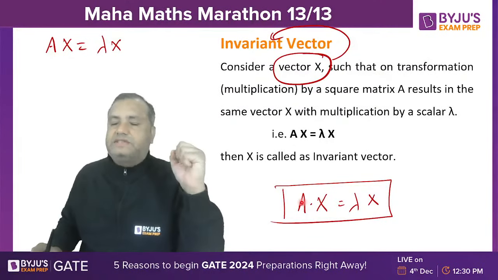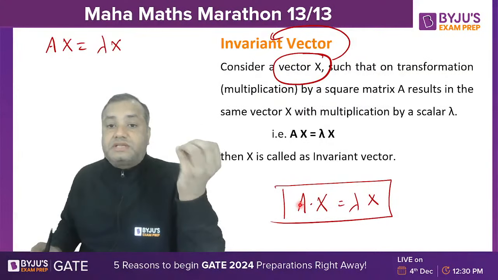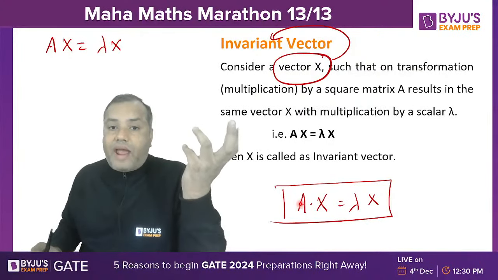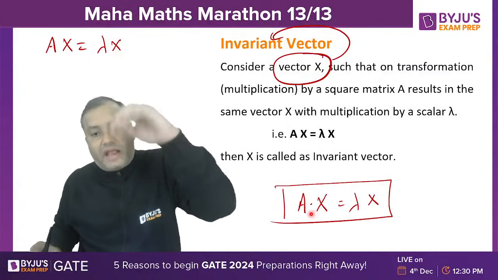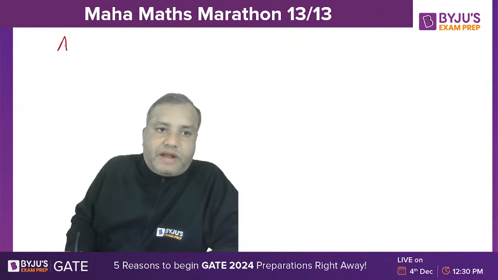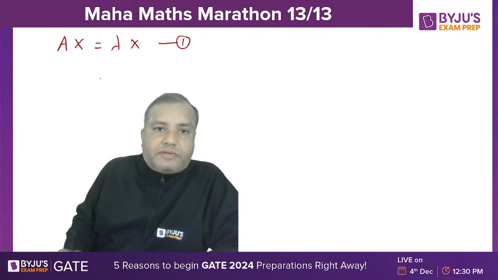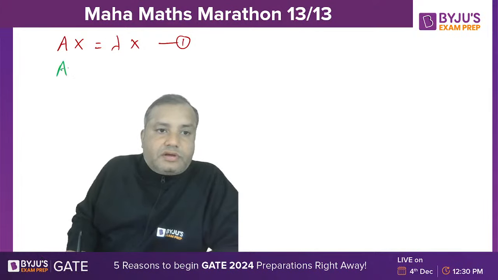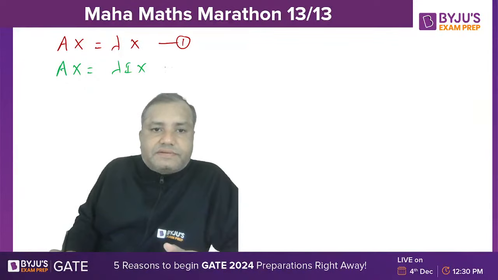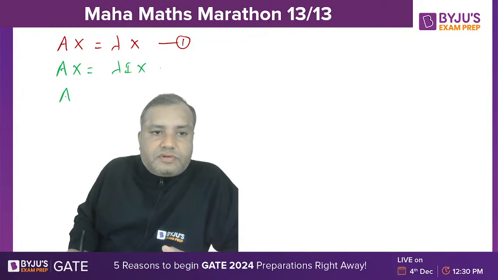What is this A? A is a square matrix. A is also called the transformation matrix. Why transformation matrix? Because with the help of A, we are transforming vector x. So by the definition of an invariant vector, we have Ax equal to lambda x. Equation number 1. We can introduce I here. Bring all the terms to the left hand side.